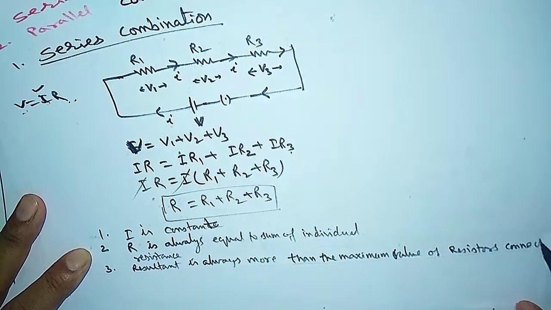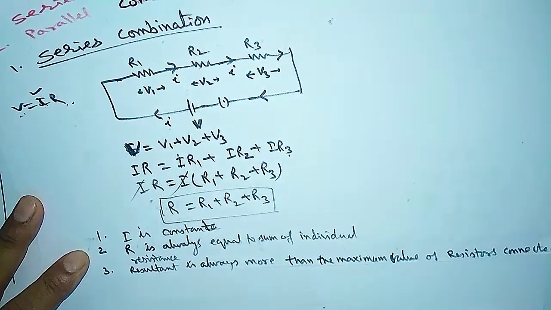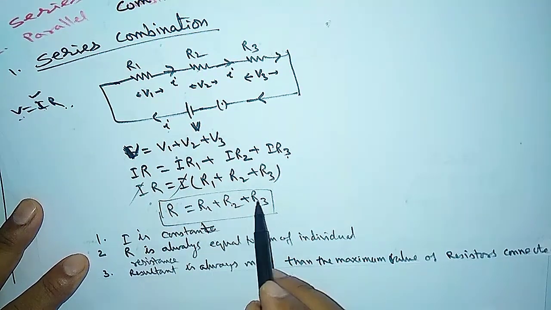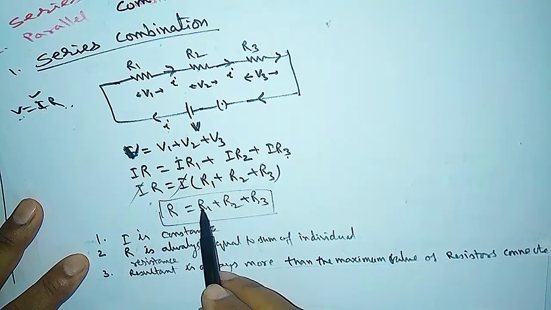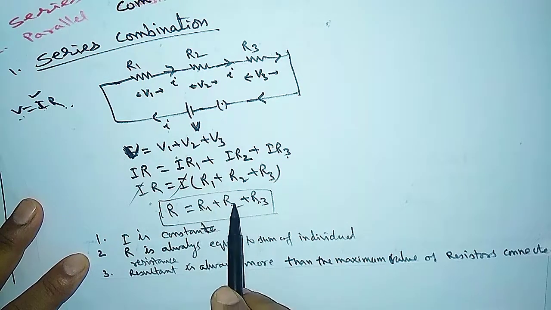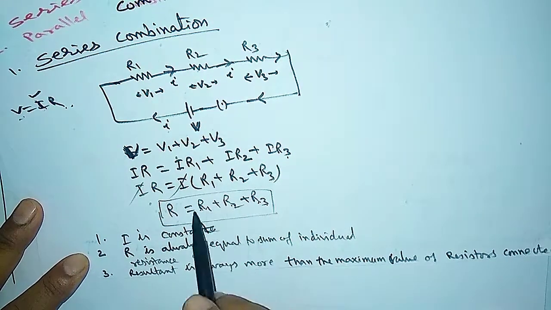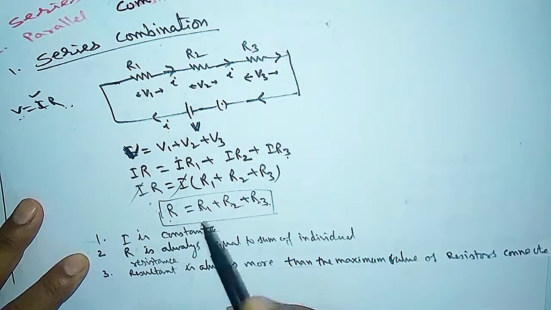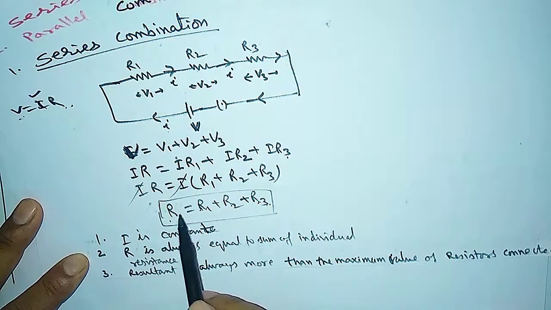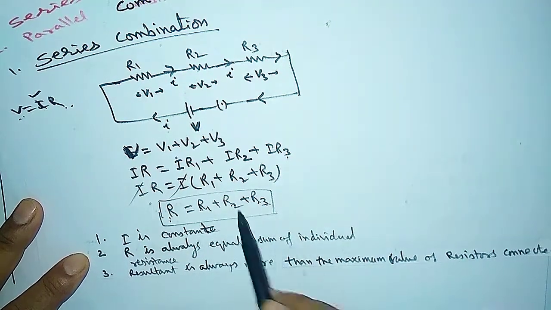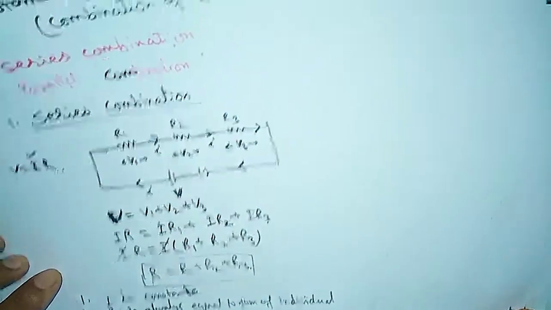Suppose the values are 1, 2, 3. Then 1 plus 2 plus 3 means 6. So it is more than 1, more than 2, and more than 3 also. Whatever the maximum value you are using, R is always more than it. So R equivalent is more than the biggest value among the resistors you are connecting in series combination.